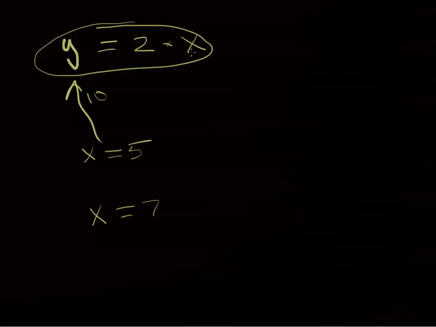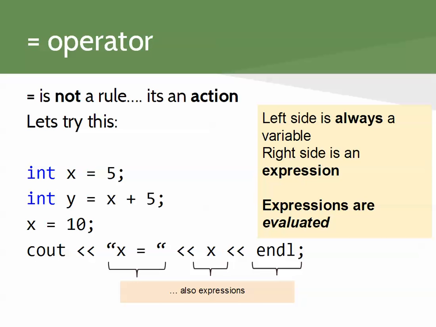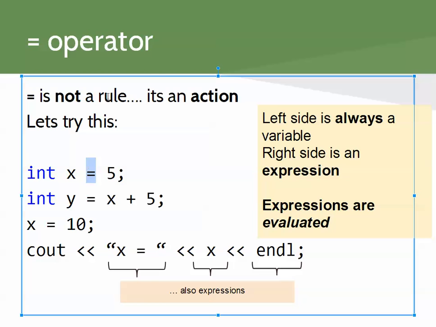The idea in algebra is that you write down equations and they are rules. They are permanent. There's a constraint such that when x changes, y also changes. That's something you want to get away from thinking about in terms of programming. If you fall into that trap, you can get confused with the way programming works. The assignment operator is not a rule.